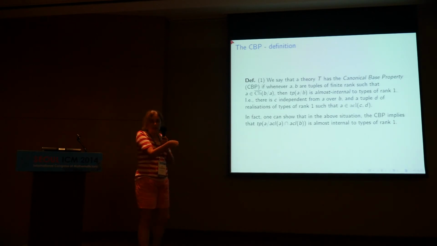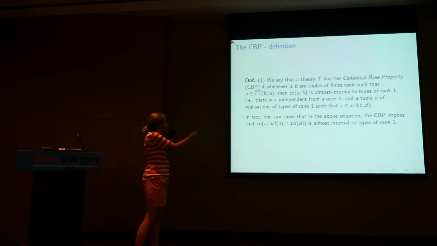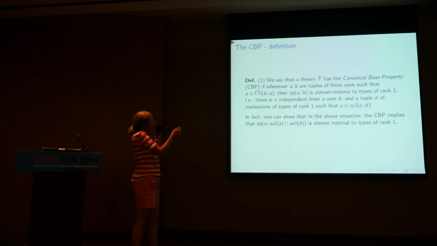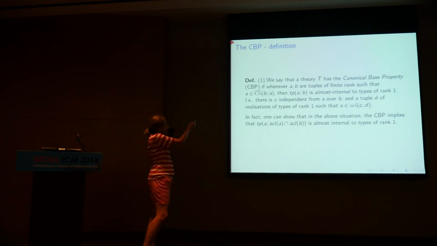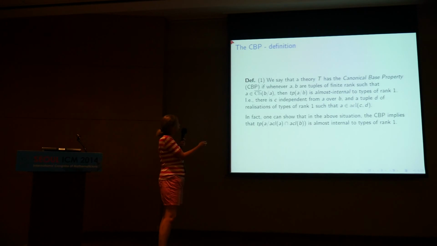In other words, if you take the algebraic closure of the field of definition of that difference variety, then you get A inside. So A is a canonical parameter for the difference locus of B over A.